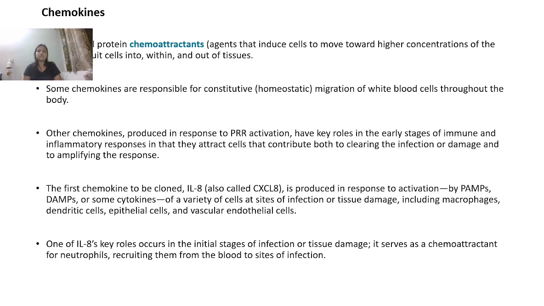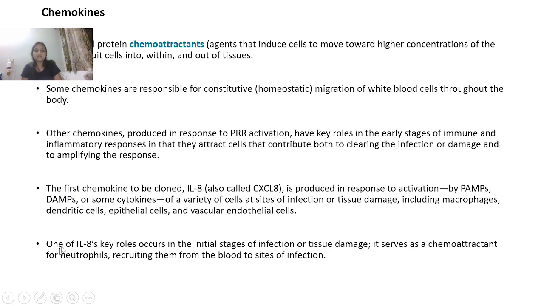The first chemokine which was cloned was IL-8. IL-8 or CXCL8 is produced in response to activation by pathogen associated molecular patterns, damage associated molecular patterns, or some cytokines, by a variety of cells at sites of infection or tissue damage, including macrophages, dendritic cells, epithelial cells, and vascular endothelial cells.